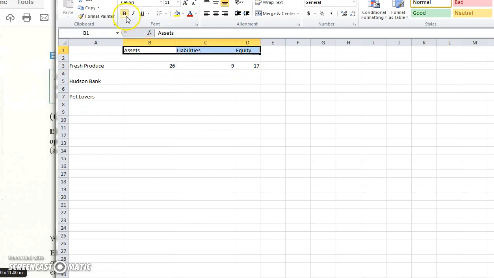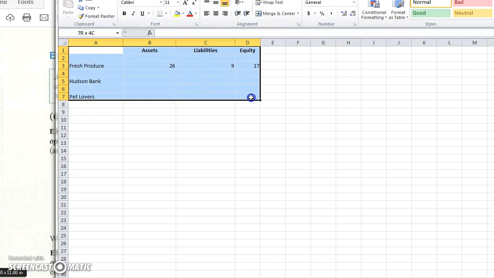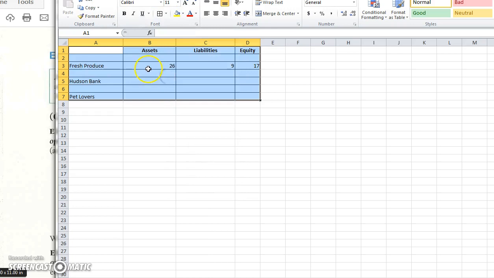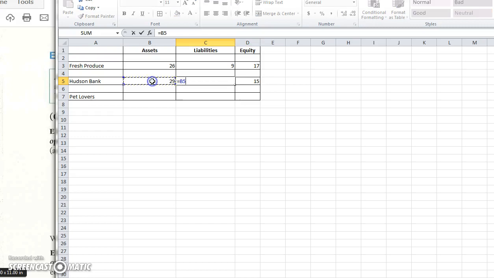Now, just to make it easier to read, we're going to center this. I know you've all had some sort of experience with Excel, so let's make it easier to see. We're going to apply the borders. Here we are. So there's the formula that we've got: assets equals liabilities plus equity. Hudson Bank, the second one. We're given assets, we're given the owner's equity, and so now we have to calculate this.